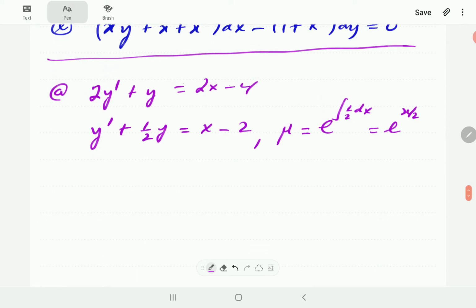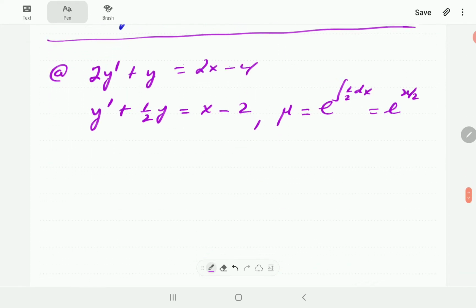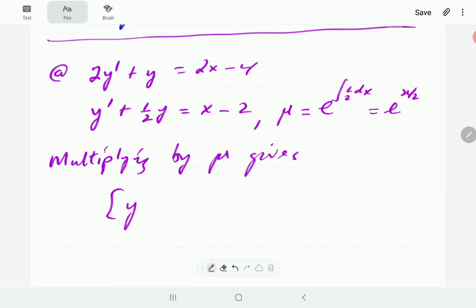Okay, and so if we multiply this by this, straight away we're going to go to the form 5, which is y times the integrating factor. Okay, so multiplying by mu gives, so straight away we're going to go to the form y e to the power x over 2, prime, okay, or d/dx.